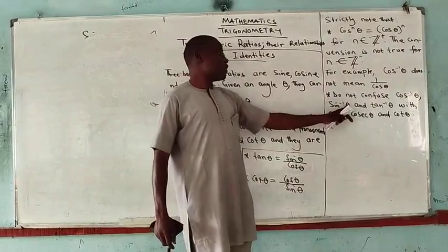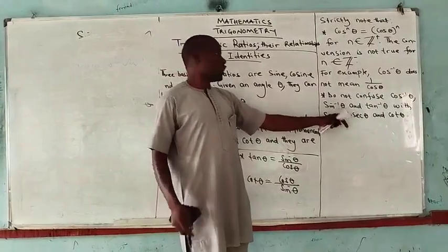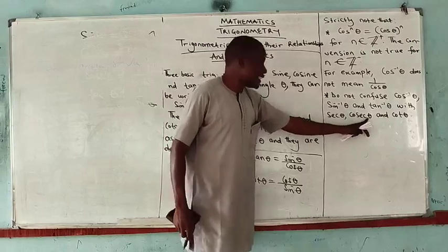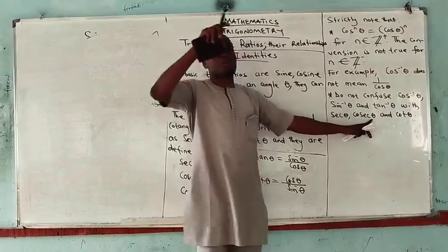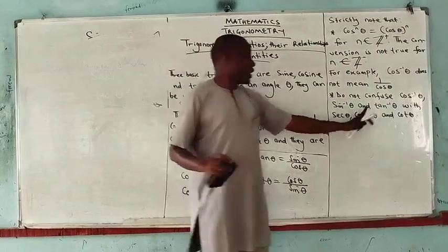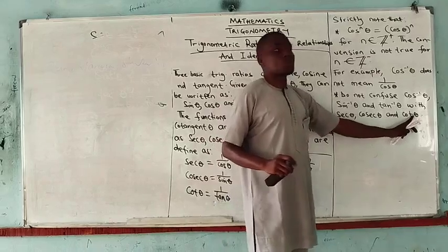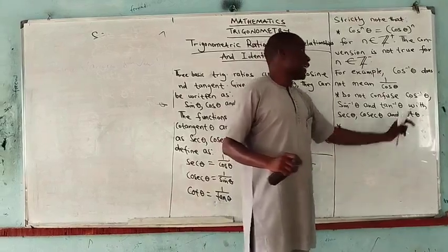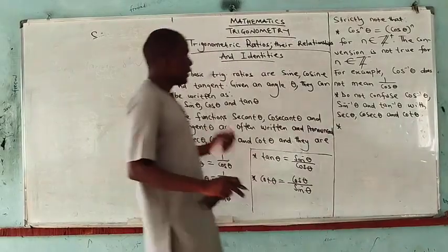Sine inverse of theta cannot be confused with cosec theta, since sine to the power minus 1 theta is not equal to 1 over sine theta. And tan inverse of theta is not equal to cot theta. Understand? So this one is very, very important.